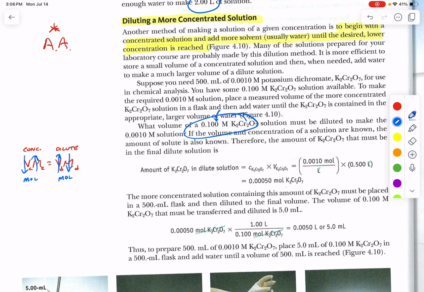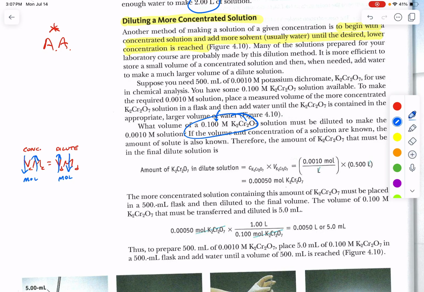So I could order it from the chemical supply company, and they could ship me, let's say, a whole liter of 0.100 molar potassium dichromate solution, very precisely and professionally made. And then I'm going to dilute it, depending upon what my lab needs.